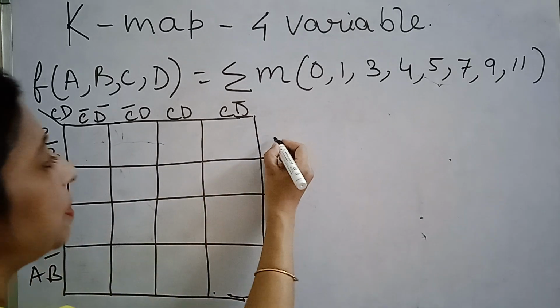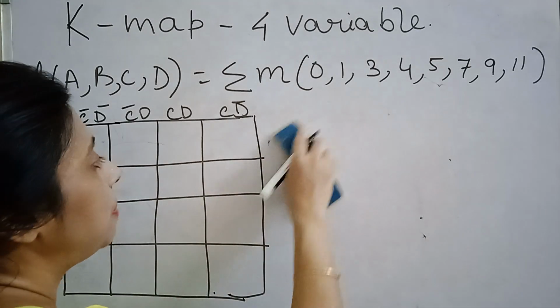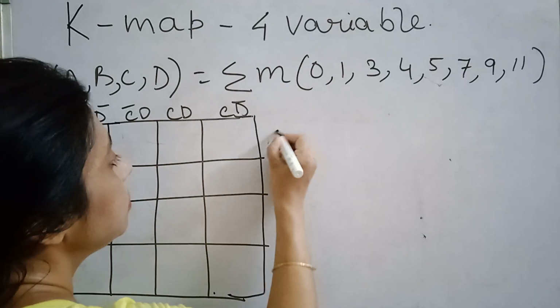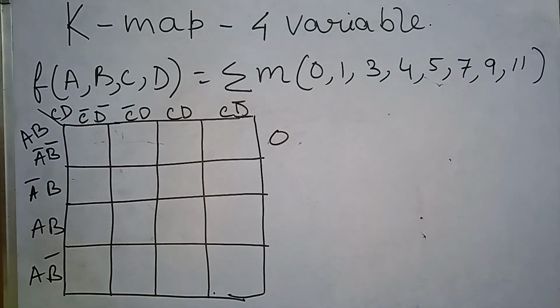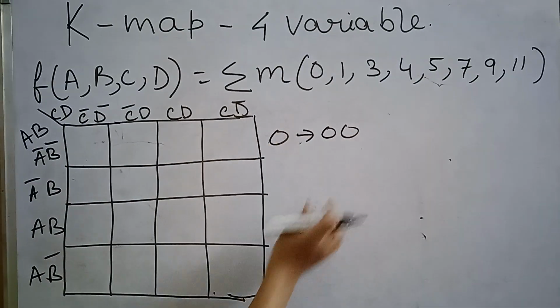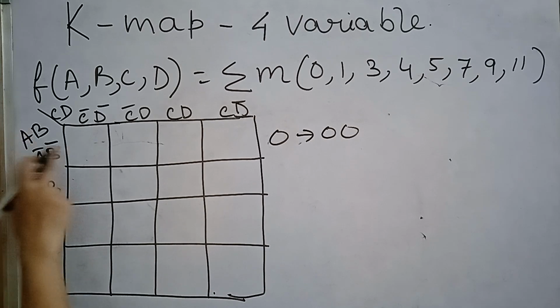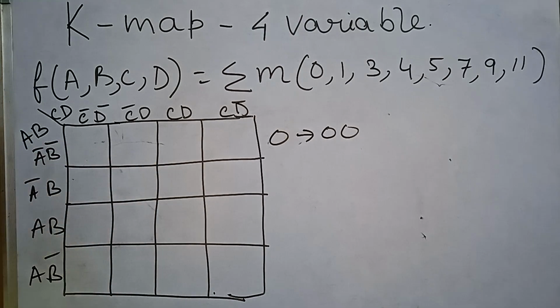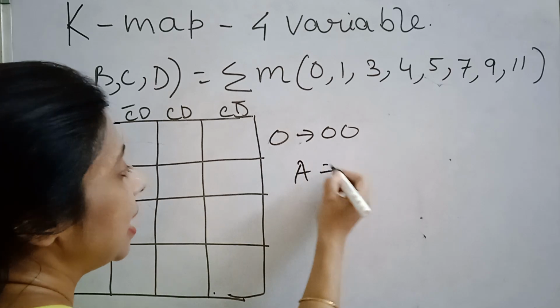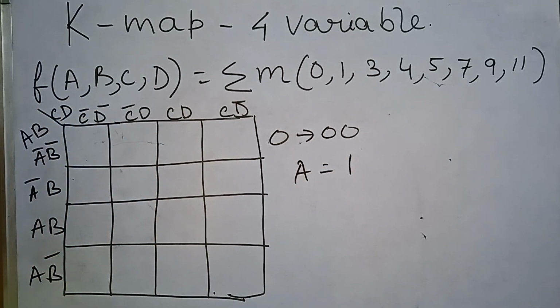The first row will be 0, 0, the 0th row. What is the binary representation of 0? 0, 0, right? Now, to represent 0, 0, what will be the variable form? There are 2 variables in rows, A and B. Now, A is the original form of the variable, that is considered as 1.